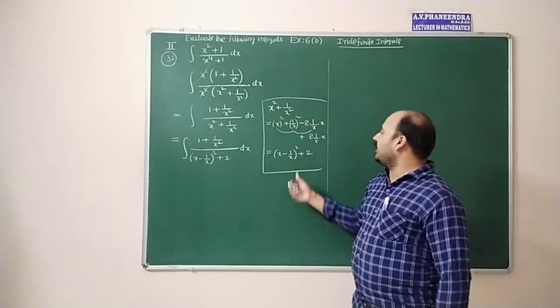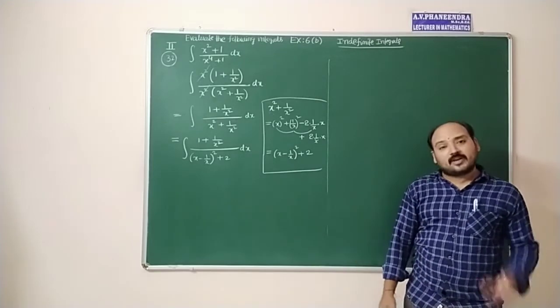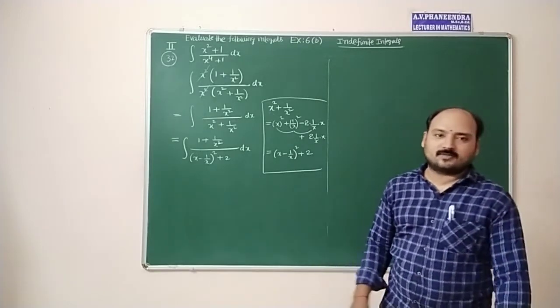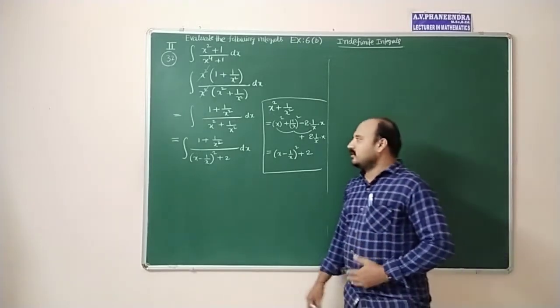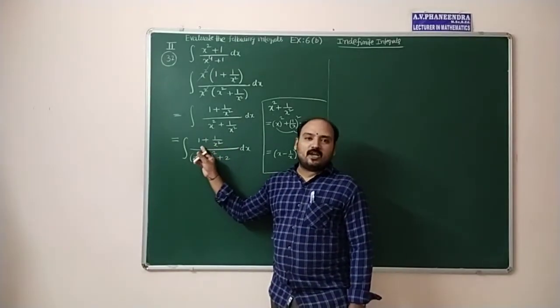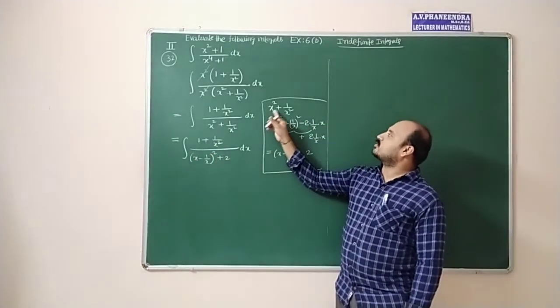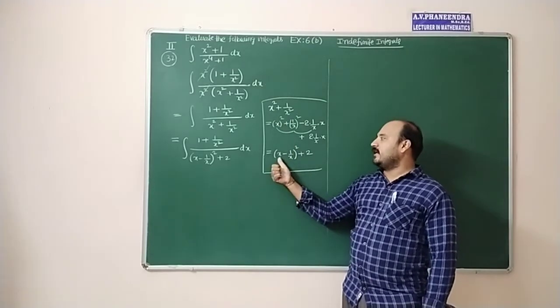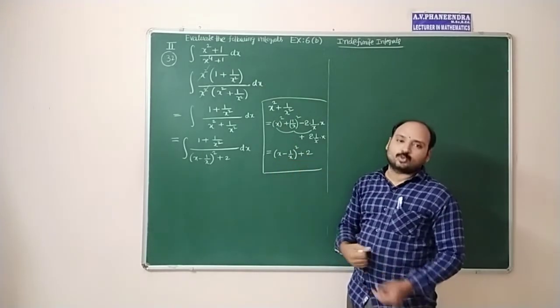Sir, why can't we write (x + 1/x)² − 2? The doubt will obviously arise, but based on the numerator value, we write x² + 1/x² as (x − 1/x)² + 2.